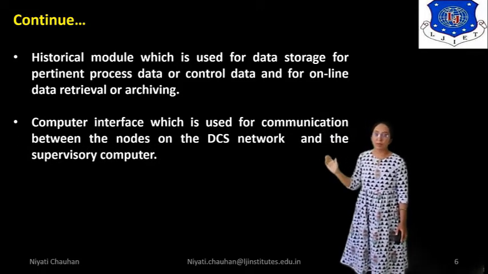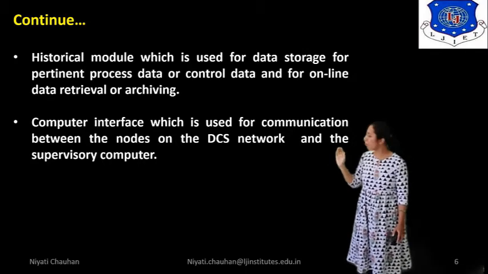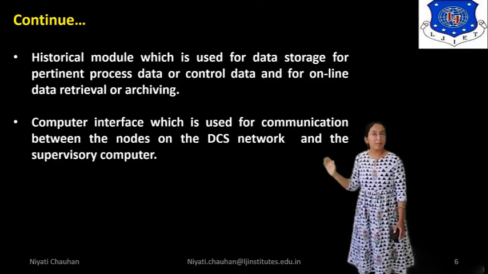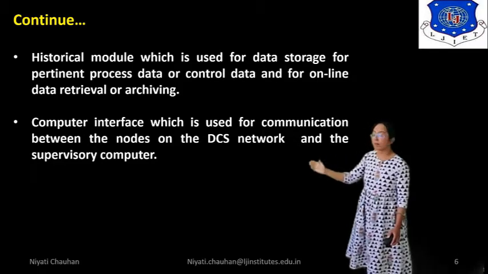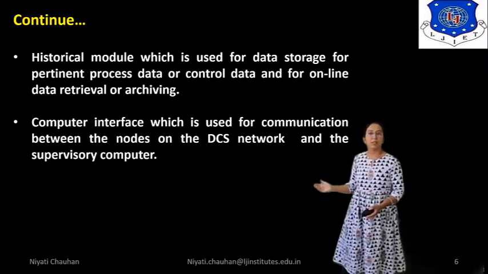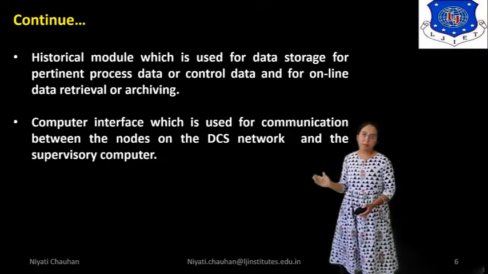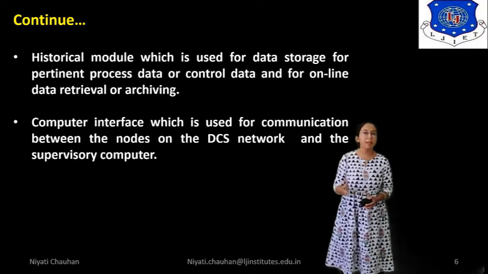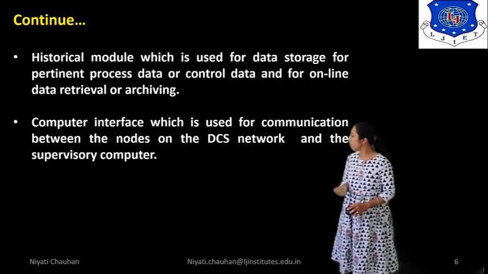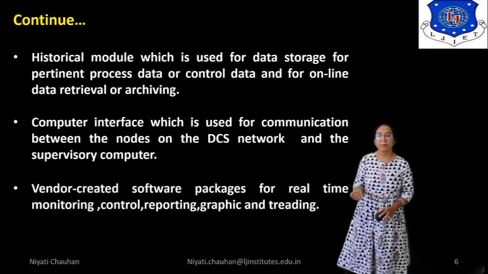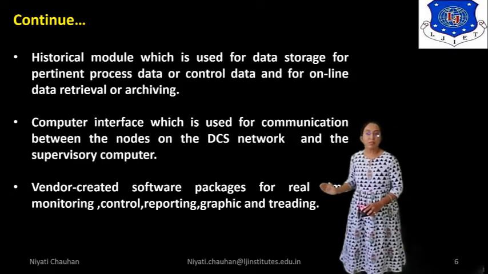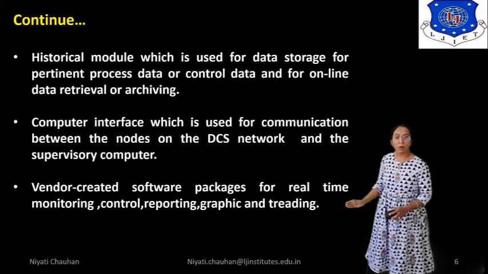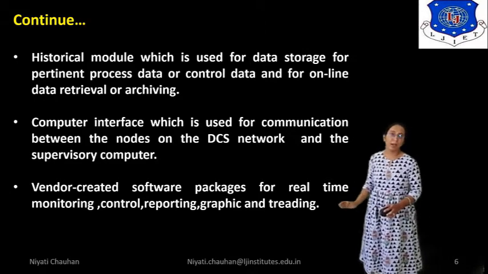Computer interface, which is used for communication between the nodes on the DCS network and the supervisory computer. So here the computer interface is used for communication between the DCS network and supervisor computers. Vendor-created software packages for real-time monitoring, control, reporting, graphics and trending.